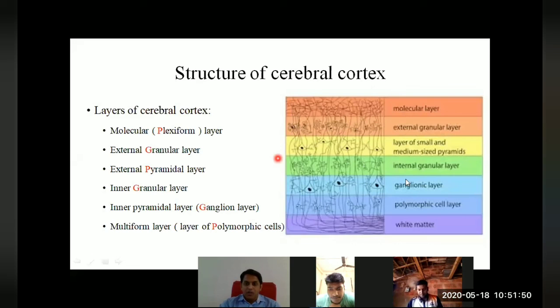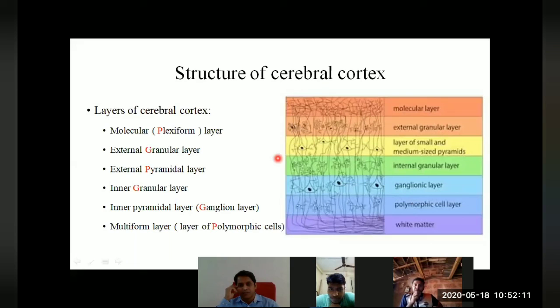Next comes the ganglionic layer, consisting of larger pyramidal cells, which carry the motor fibers. Next comes the multiform layer, where a number of varied cells are present, called the layer of polymorphic cells.